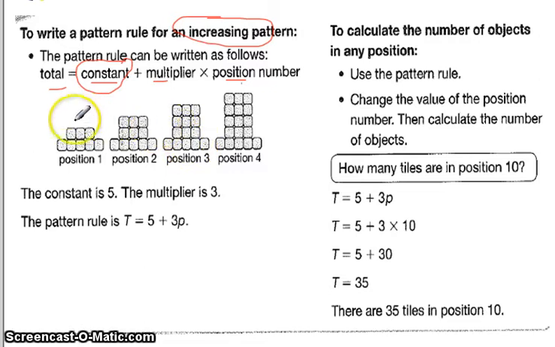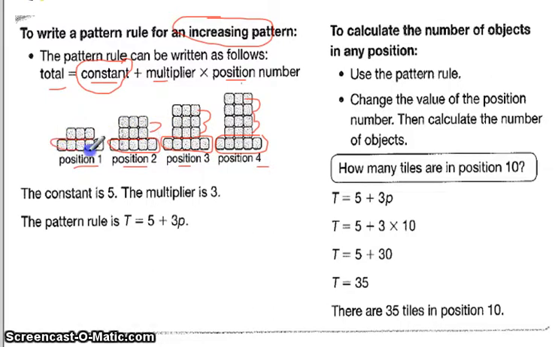So let's look at this a little more closely. When we look at these patterns, position 1, position 2, 3, 4, and so on, we see that it goes up by 3 each time. We went up 3 here. This one, we went up 3 and another 3, and so on. Now, what remained the same? These 5 tiles stayed along the bottom. So these are referred to as our constants.